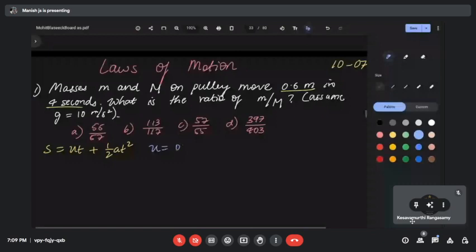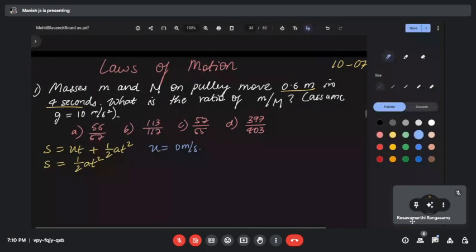So you substitute u equal to 0, leaving S equals half at square. From this we can relate acceleration, because we know the displacement and the time from our question, and we will find out the acceleration.